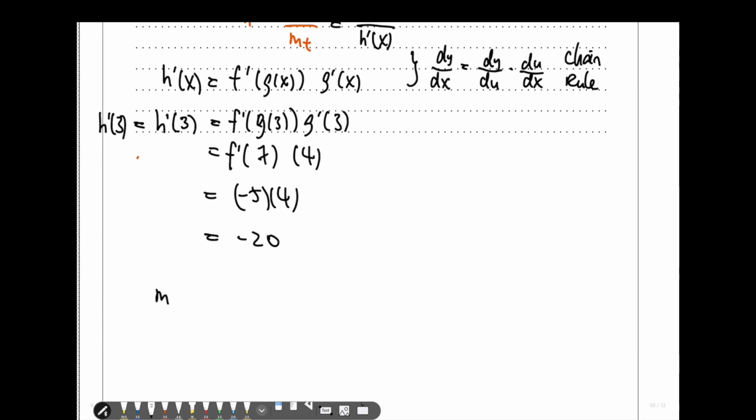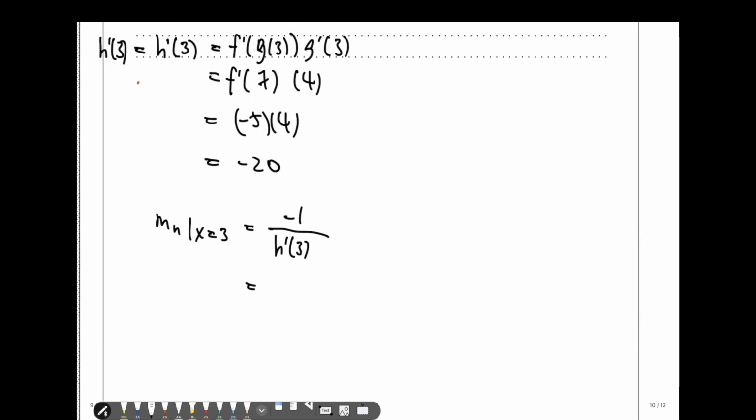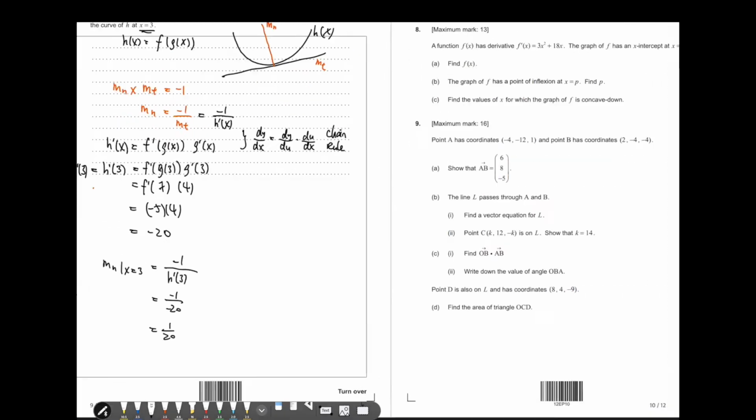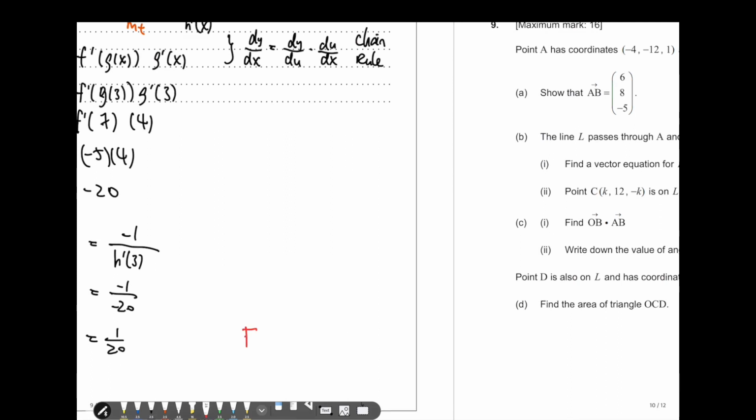So how about the mn when x is equal to 3? That is -1 over h prime 3. So that is -1 over -20. So 1 over 20. So that's it for question 7, and that's it for section A. So that is the end of section A.